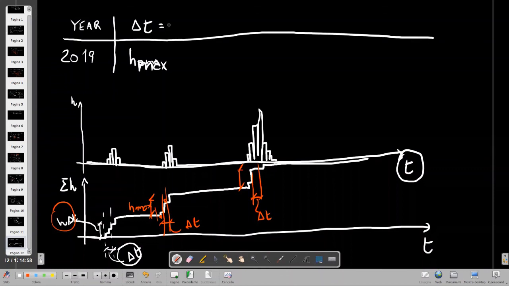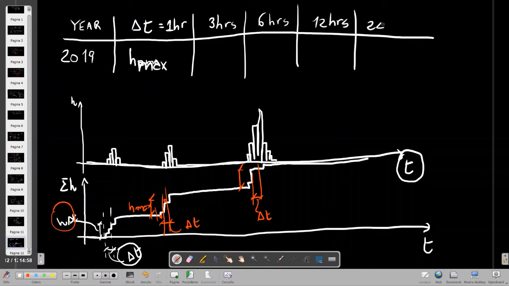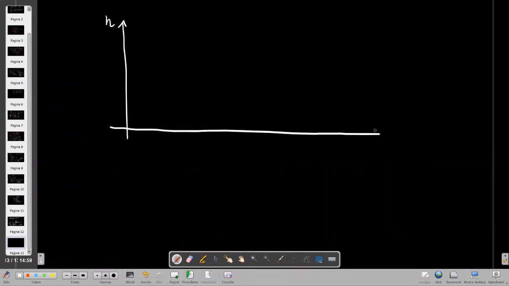We can keep a duration just, for example, of 1 hour, and we can repeat the analysis for different durations. So we have 3 hours, 6 hours, 12 hours, just as an example, 24 hours. So, very simple, we have H and we have TD. Pay attention. Now this is the duration.